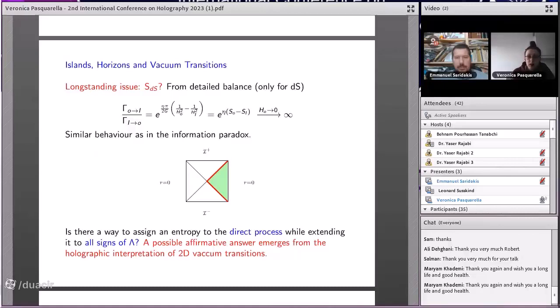But this is somehow counterintuitive, because if you see de Sitter in dimension bigger than 2, which is the global de Sitter drawn in this figure here, you can think of the static patch, which is the one associated to the Hubble parameter, as being just this green quadrant, this wedge.